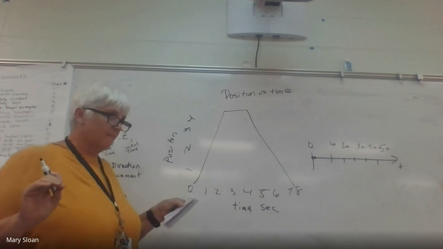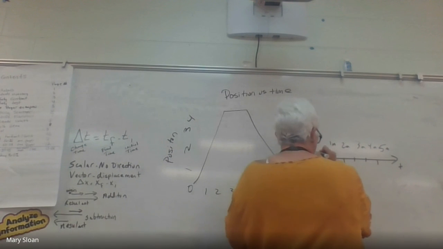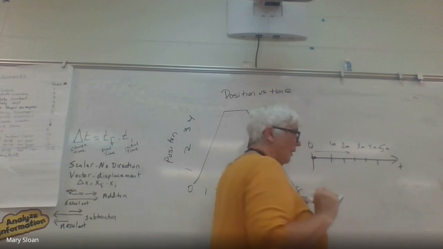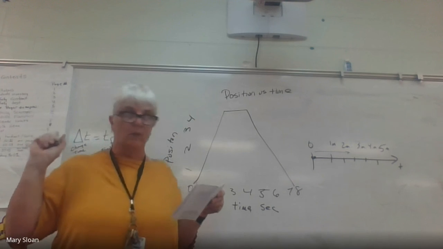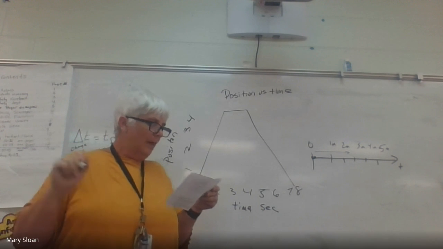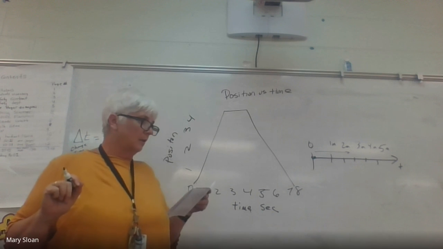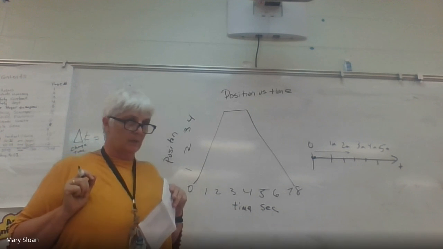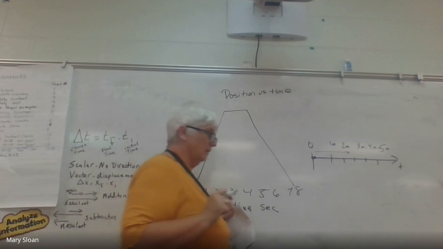Do you agree? From 0 to 2, I'm drawing a vector because they're moving at a constant speed, aren't they? Moving really fast, aren't they? What happens from 2 to 4? From 2 to 4, they're at rest, right? Okay.